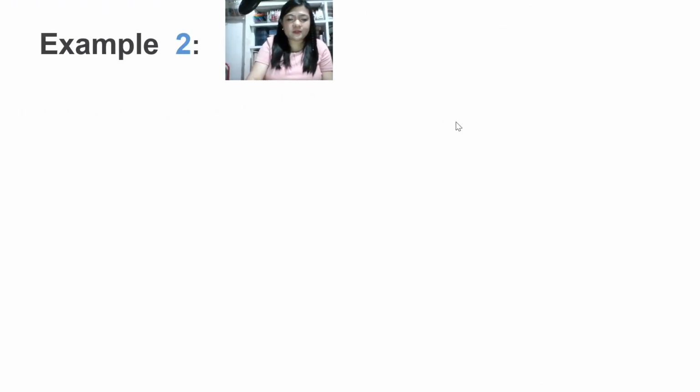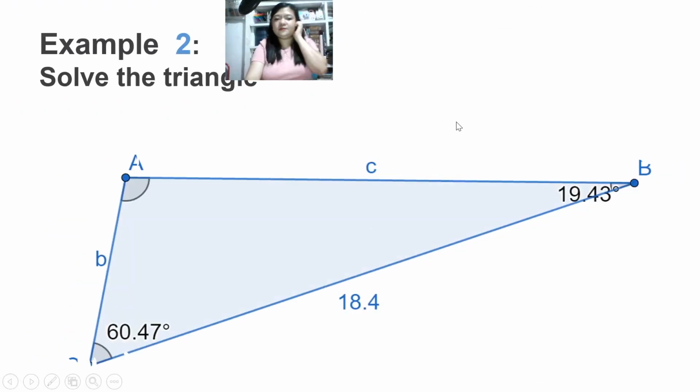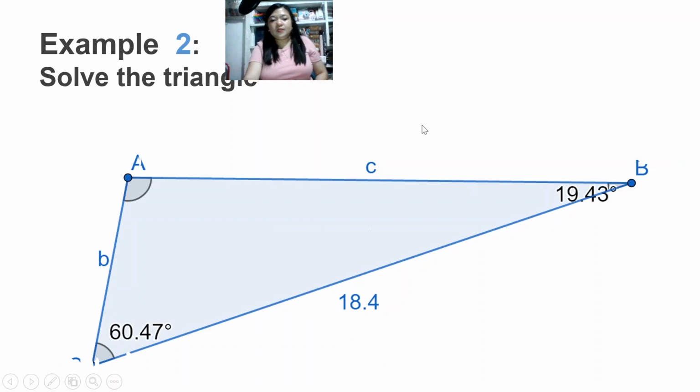Example number 2, solve the triangle. Okay, so this is alpha because it's corner A or point A. So this will be our alpha. So opposite our side C is our gamma.